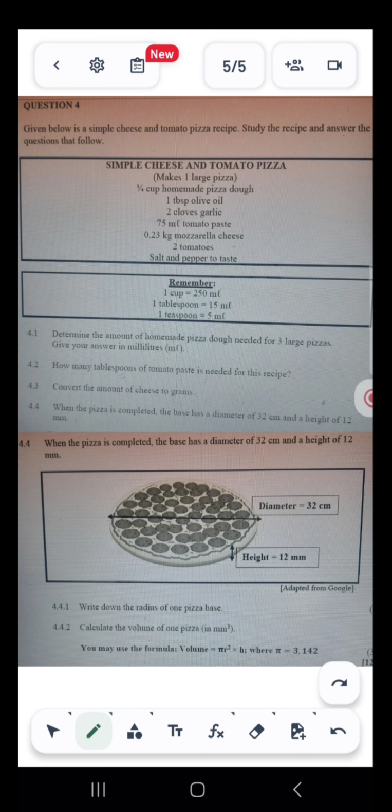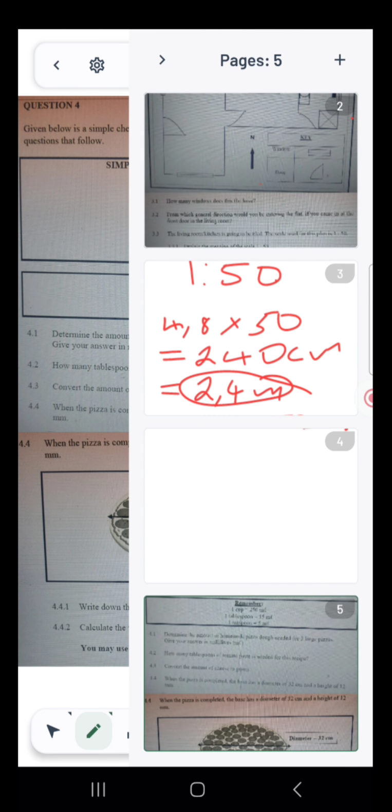So we have to convert the cups to milliliters, and after converting, multiply by 3 pizzas. So theoretically we know what we must do.